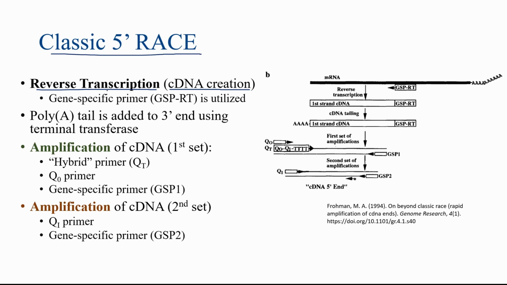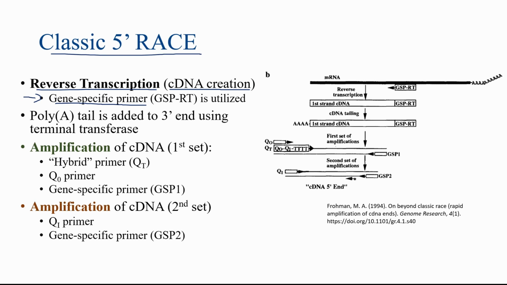And to perform the reverse transcription, we're actually going to use a gene-specific primer. Recall that in classic 3' RACE, we use the hybrid primer with the oligodeoxythymidine or the oligo-dT, connected to the adapter primer. However, in this case, we are using a gene-specific primer.